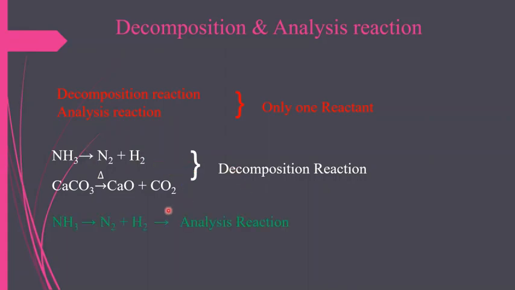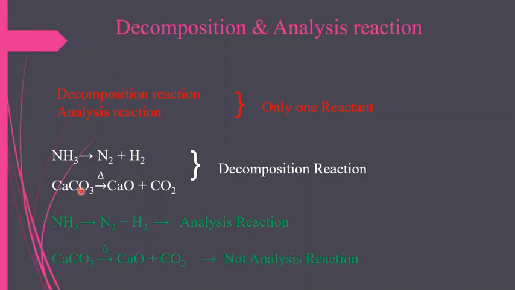But this reaction, ammonia is decomposed to make nitrogen and hydrogen. This is analysis reaction, because here after decomposing one compound, two elements are produced. So this is analysis reaction.